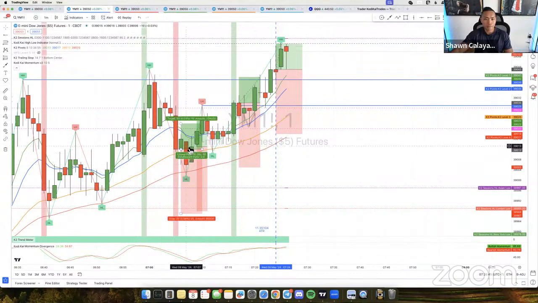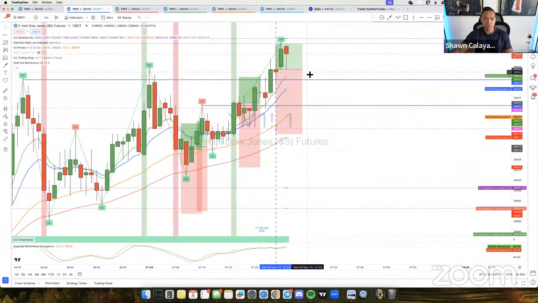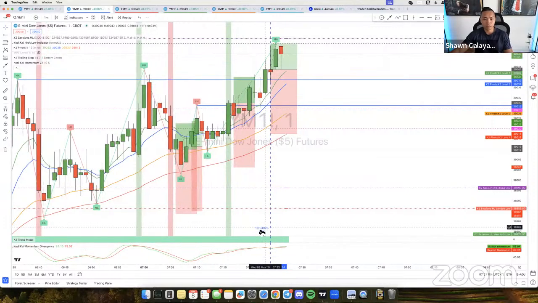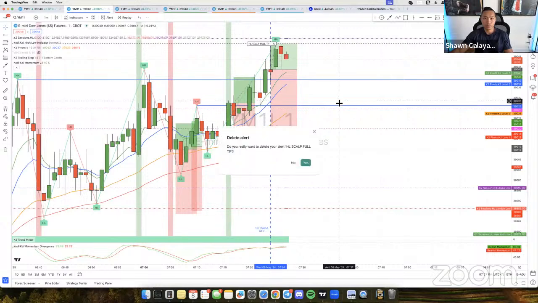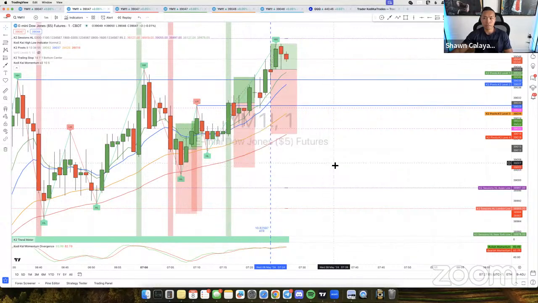So there's 1, 2, 3, 4 entries that came up. I missed these 3 because obviously there's things here that I didn't want to trade around news. This over here was actually the cleanest entry of them all because there was no news nearby. The divergence crossed. The ATR was a little low, so that was something to maybe look out for. But other than that, everything here pretty much played out exactly for what we look for, because this here met our criteria.